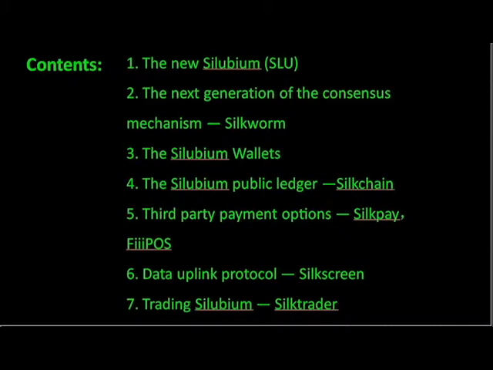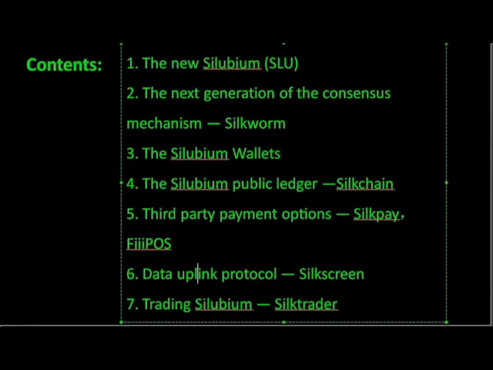And then something new, third-party payment options, including Silk Pay, as well as FiPass, which is great news. The data upload protocol, as I should probably call it, is also a new and very exciting feature which is now included in the Silubium infrastructure.